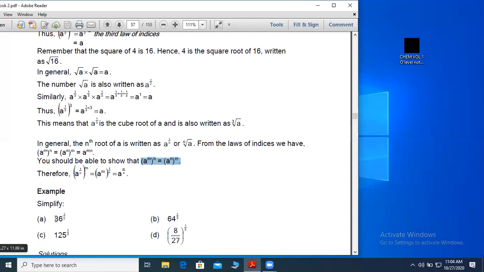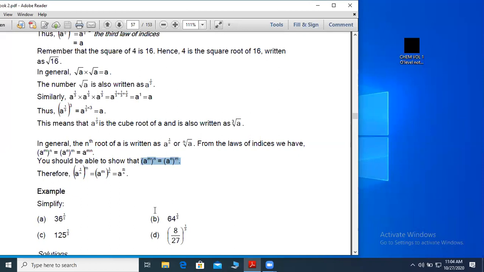So you can say 36 is 6 squared, then to power a half. Can we write that somewhere in our notebooks, that 36 is 6 squared? We put it in a bracket and then we power a half.